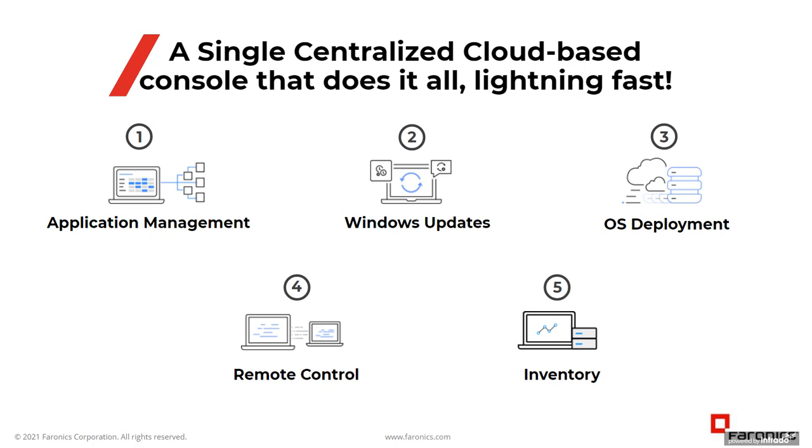And then we'll talk about Windows updates, imaging for OS deployment, as well as being able to remote control these machines and how to manage your software and hardware inventory. And as a bonus, we also have our ticketing product, which will be included in the pricing. And Adam will show you and talk to you about how you can handle your tickets as well.